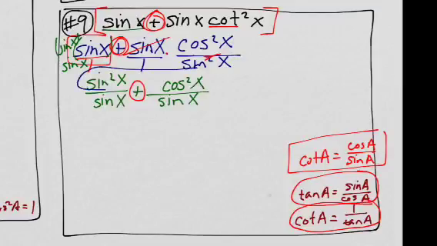It just so happens that the numerators are sine squared x plus cosine squared x, which is our Pythagorean identity that equals 1. I didn't write that one down, but you remember sine squared x plus cosine squared x is equal to 1. So the numerator is 1. The denominator is just our common denominator, which is sine x.